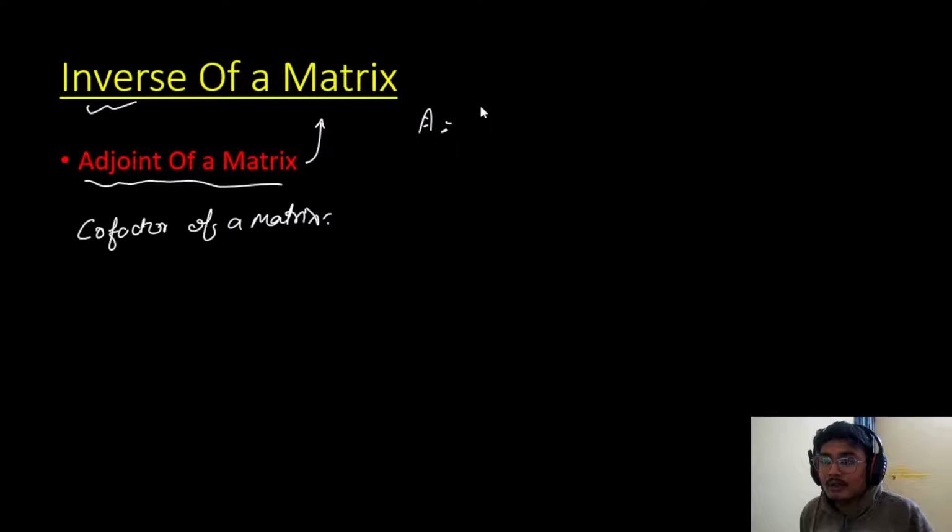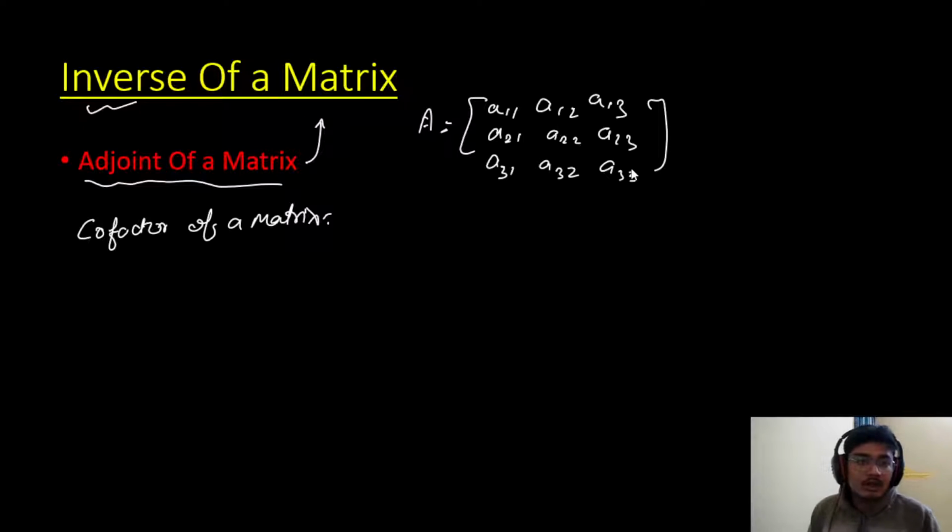If you remember what the cofactor of a matrix is, let's say we have the matrix A11, A12, A13, A21, A22, A23, and A31, A32, A33. This is a 3 by 3 matrix.